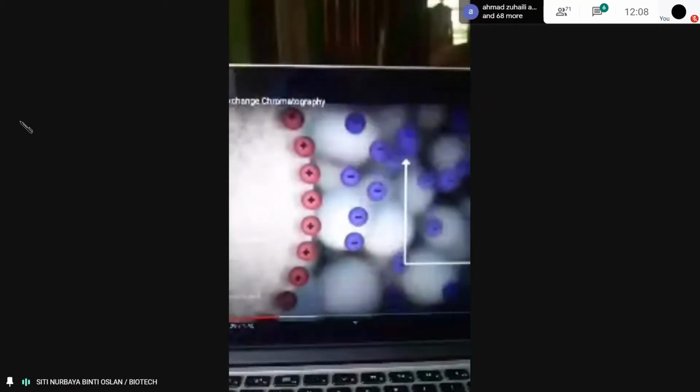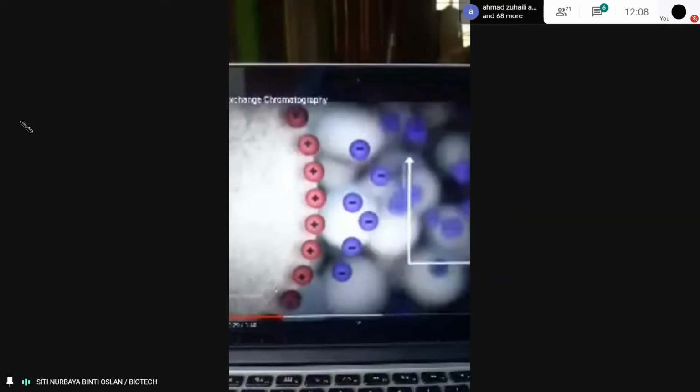So when we say we separate protein based on ion exchange chromatography, it means the protein is separated based on charge. In this column, in this matrix, we have either a positively charged or a negatively charged matrix.